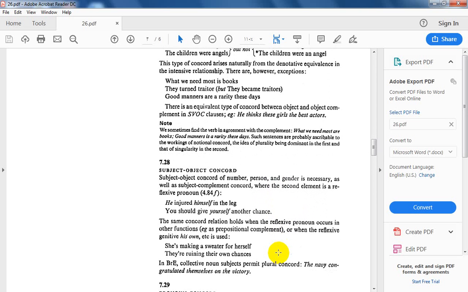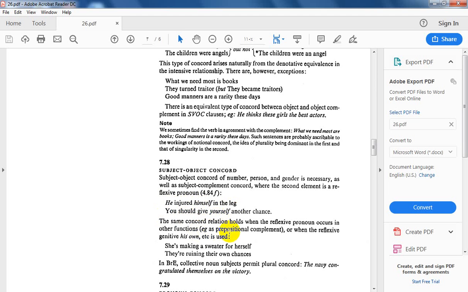Follow me. Where will the concord be? He injured himself. He injured himself in the leg. He is in concord with himself. You should give yourself. You with yourself.